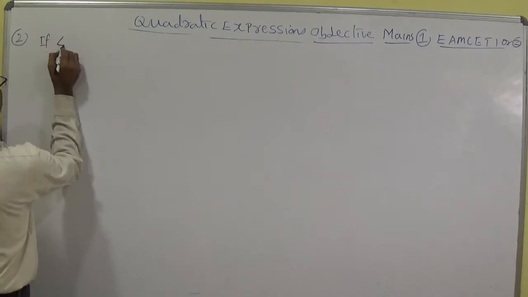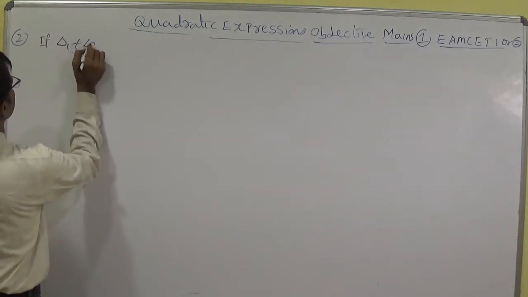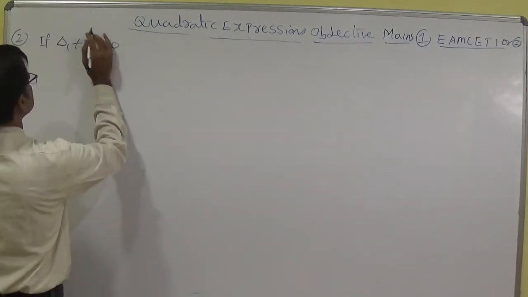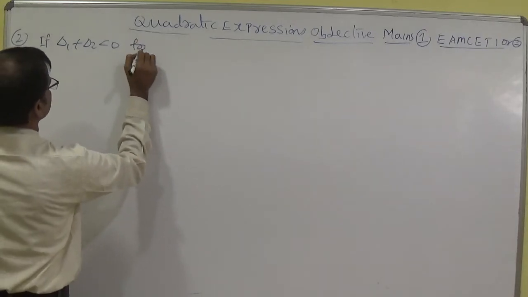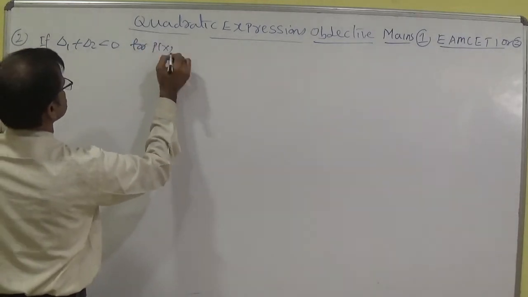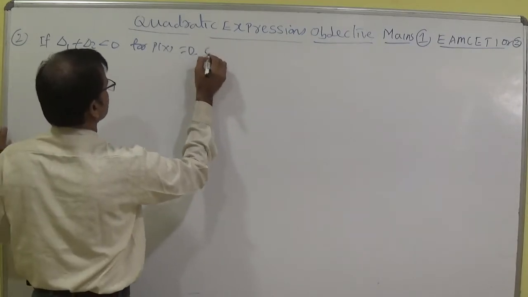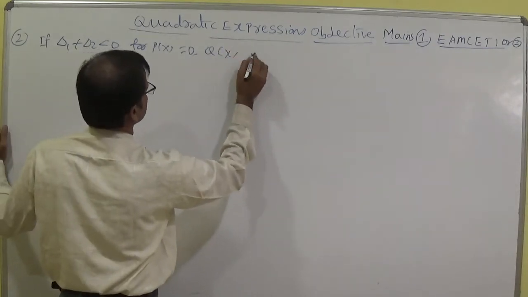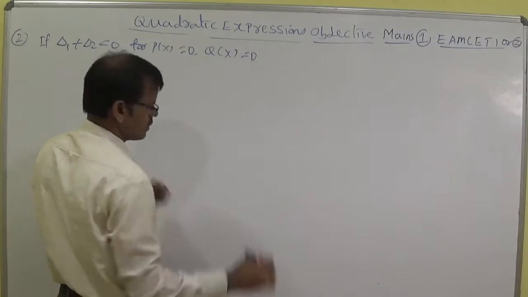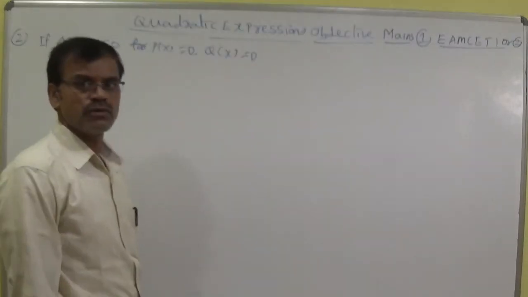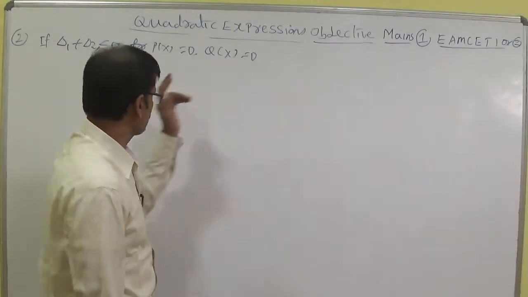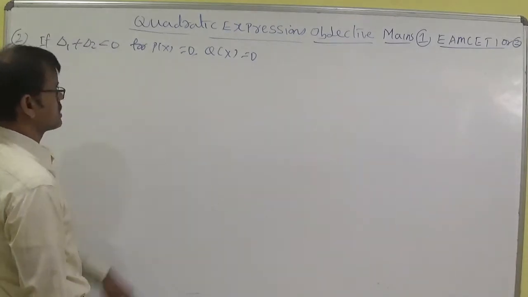Synopsis second point: if delta 1 plus delta 2 is less than 0, for P of x equal to 0, this is a quadratic equation, and Q of x equal to 0 is another quadratic equation. Delta 1 and delta 2 are the discriminants of the 2 separate quadratic equations.